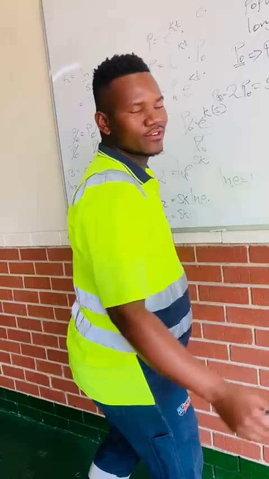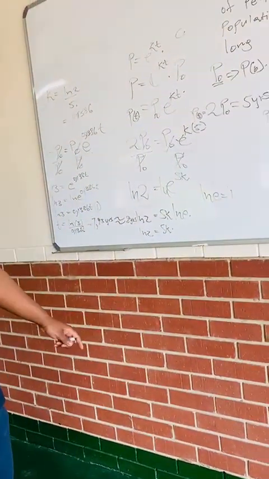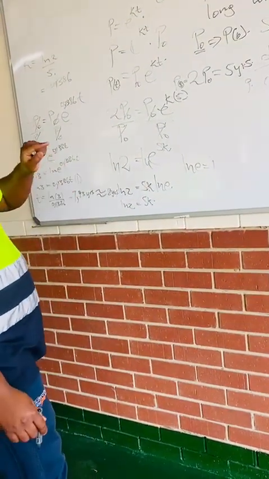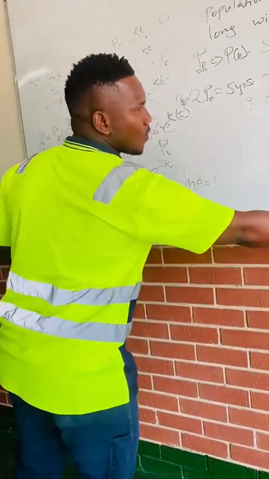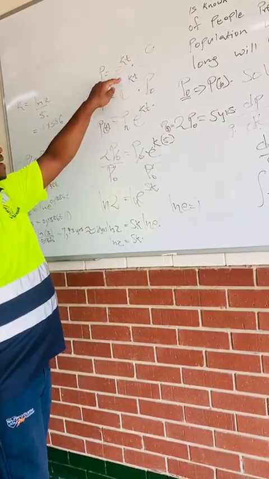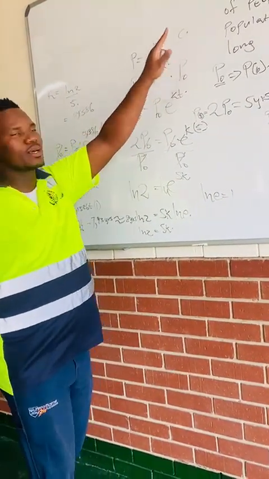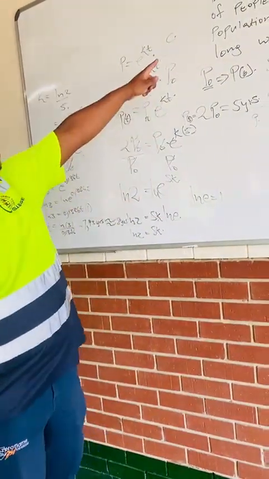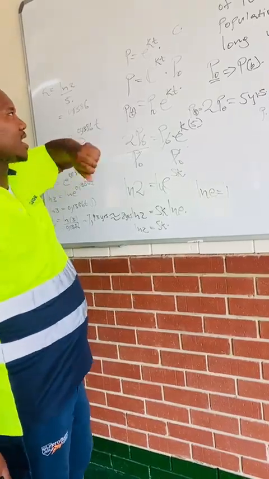Now, here, from the laws of exponents, when multiplying the powers of the same base, you simply add the indices. This is what just happened here. Now, this will be e to the power kt multiplied by e to the power c. Now, note, e to the power c is a constant.